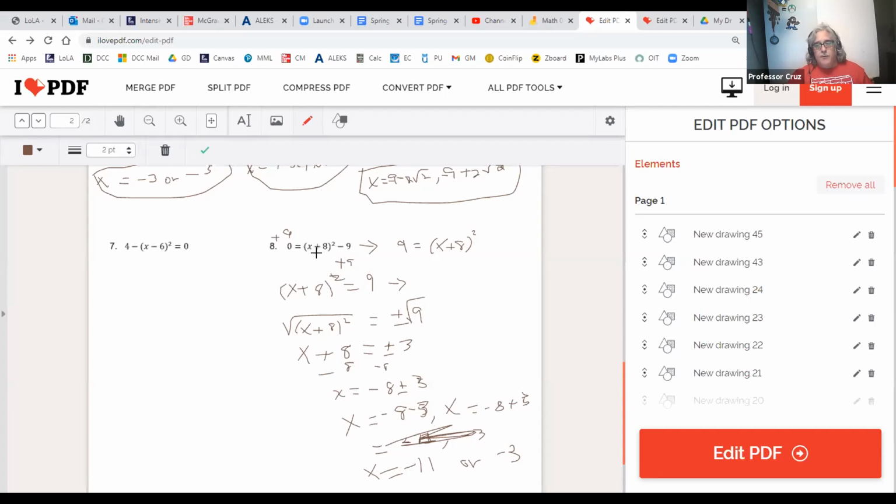Negative 3 times negative 3, or negative 3 squared, is 9. 9 minus 9 is 0. Just to show you how they both work. Negative 3 plus... sorry, it's supposed to be 5. That's supposed to be 5. There we go. So negative 5 plus 8 is positive 3. 3 squared is 9. 9 minus 9 is 0.